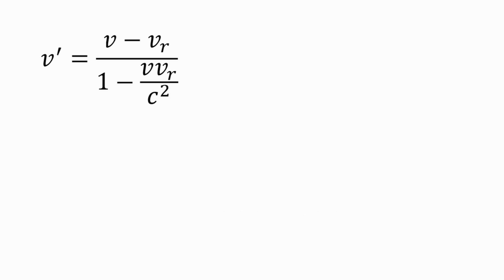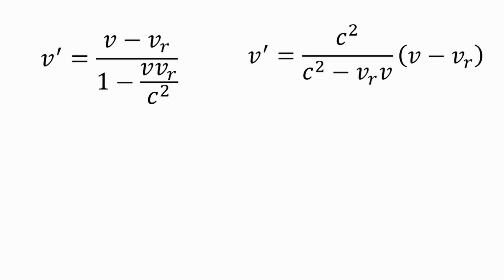Let's see how accelerations are converted from the stationary frame of reference to the moving frame of reference. Let's start with the velocity composition equation for special relativity, which can be written as. Taking the derivative with respect to time t we obtain.